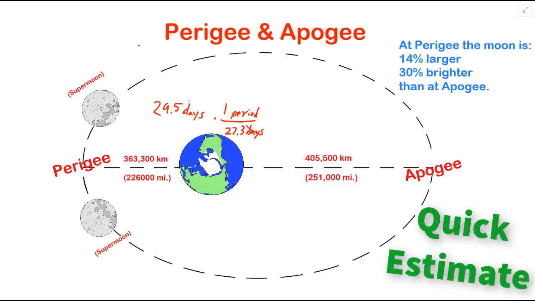So we're going to be able to cancel days in the end. And then for every 1 period, we're going to have 360 degrees, 1 full rotation. Then periods cancel. And then we multiply everything out, we're going to have 389.01 degrees. And that's going to be equivalent to 1 rotation.